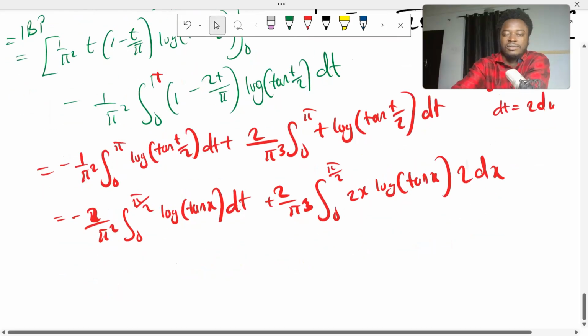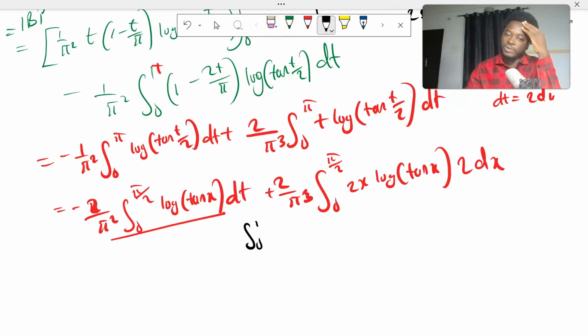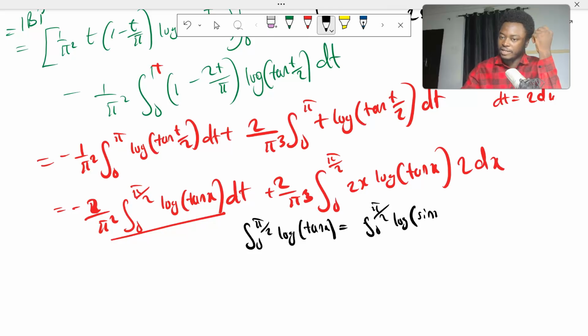Okay, now this first integral evaluates to 0, and to see that, notice that the integral from 0 to pi over 2 of the logarithm of tan of x is going to equal the integral from 0 to pi over 2 of the logarithm of sine of x minus the integral from 0 to pi over 2 of the logarithm of cosine of x, with dx and dx.